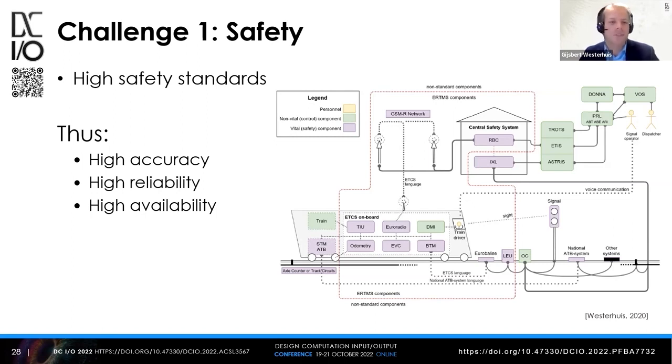So that's why it's not realized yet. But within railways, a very high accuracy is needed, very high reliability, and very high availability. And that's why it's very conservative towards computational design. And it's also the case within timetable engineering.